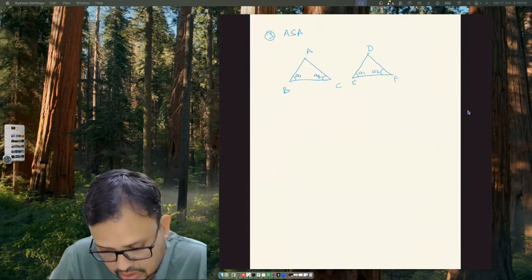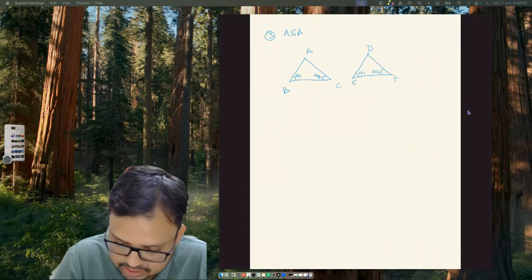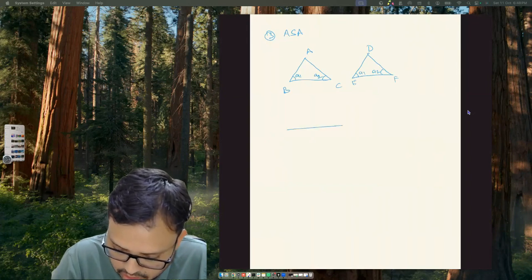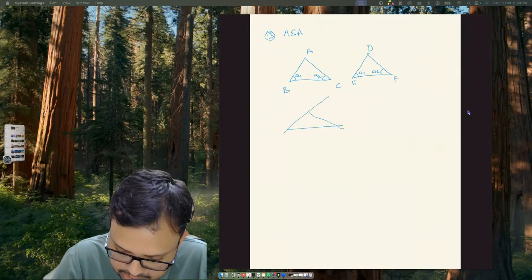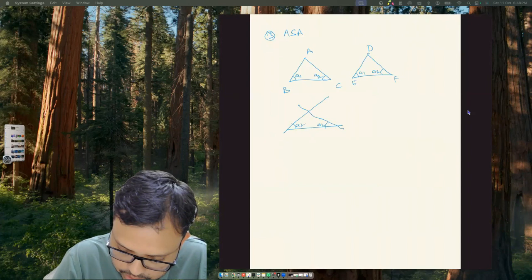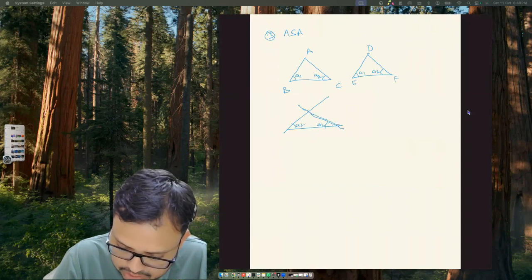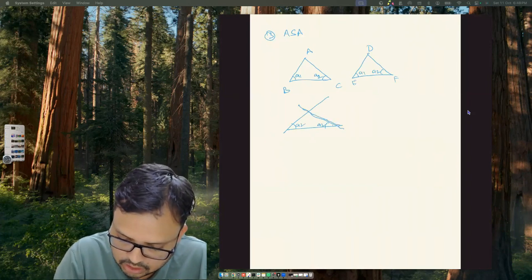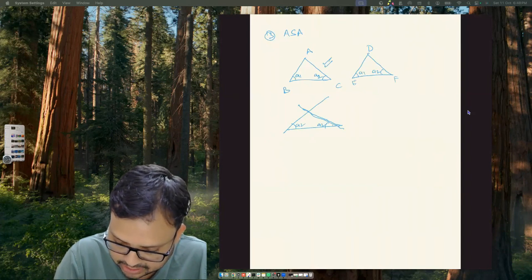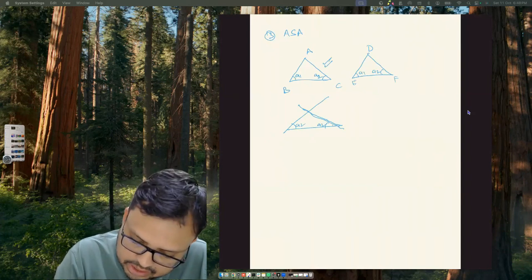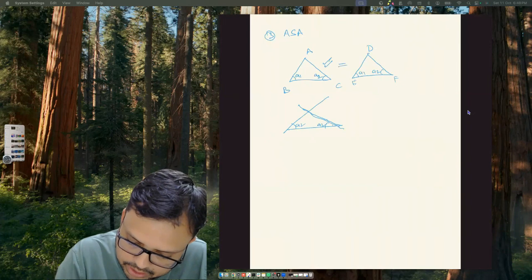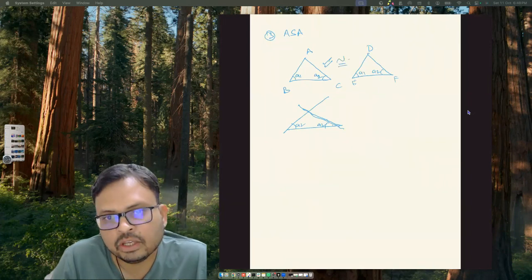So the whole point is, if you keep the angles the same, how do you construct a triangle? If you keep the angles the same, it is likely that you will not be able to create any other triangle which is different from the original triangle. And that's what the rule says here. Suppose two angles and an included side are the same, then we can say that these two triangles are congruent.